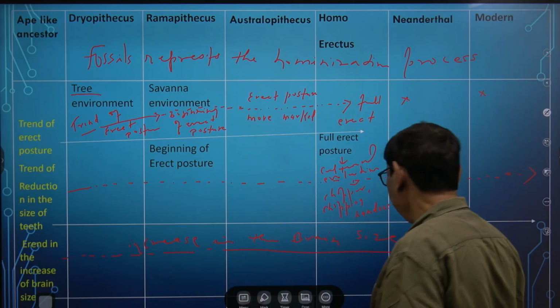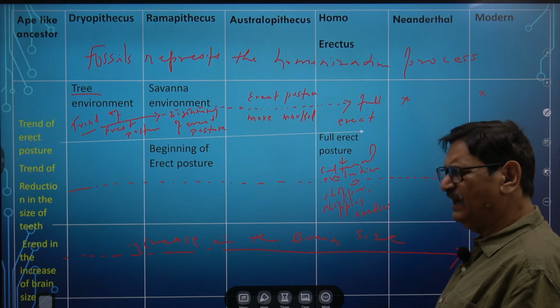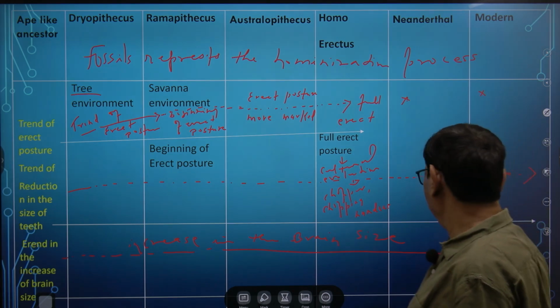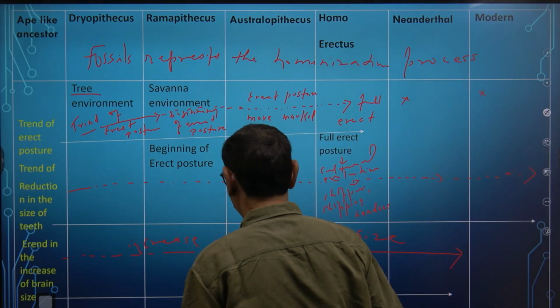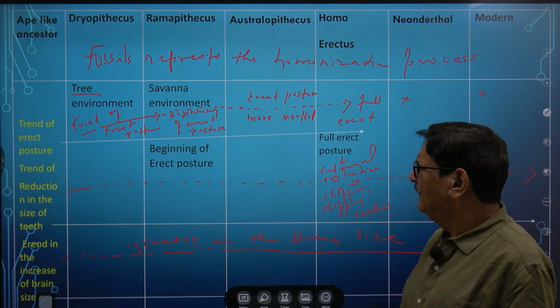After Neanderthal, in modern man, the size of brain has reduced. So we will stop here, because these are the three trends of human evolution.